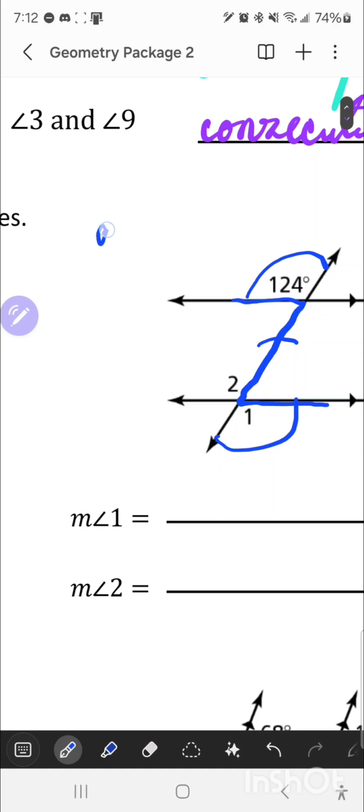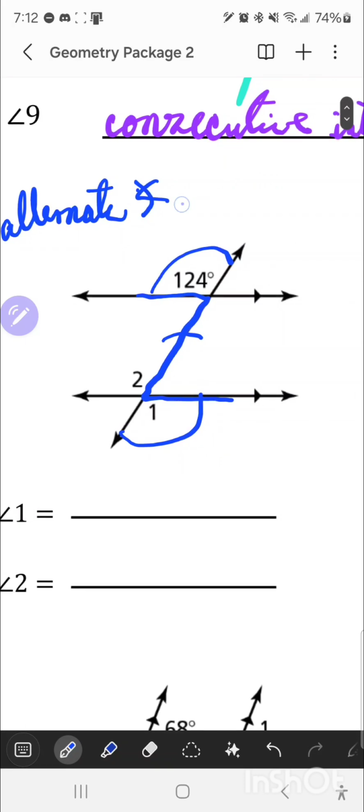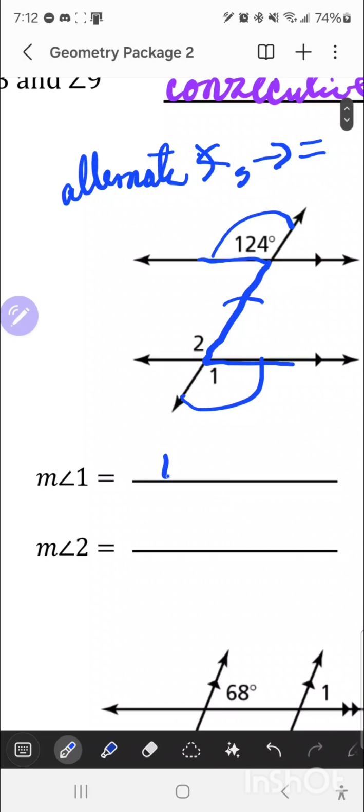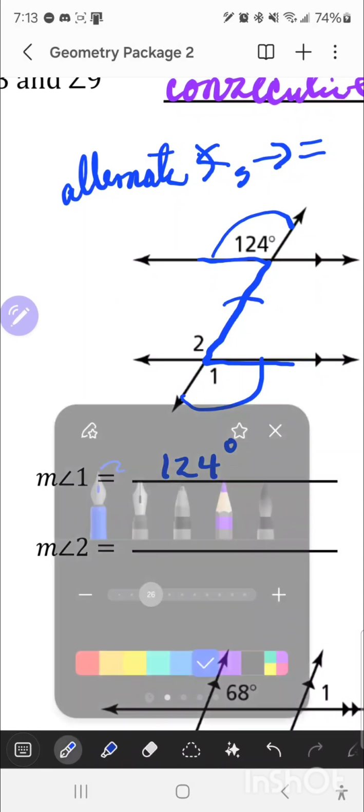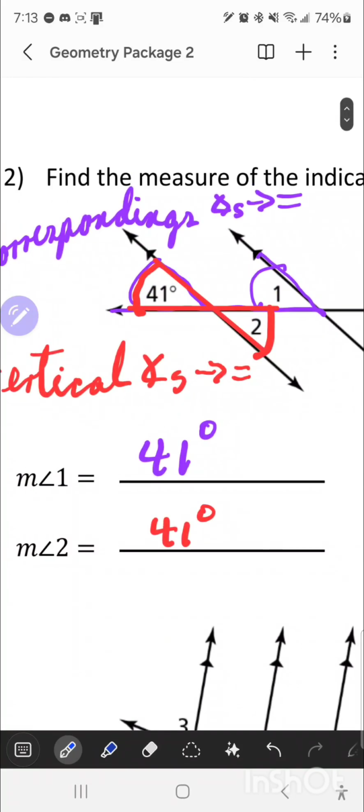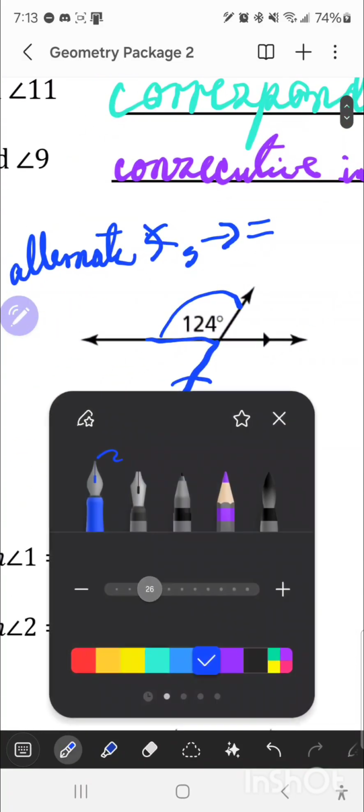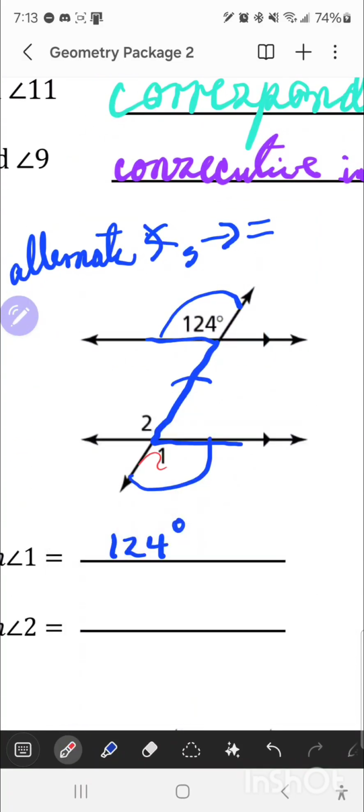So we just say alternate angles. And as I explained before, alternate angles are equal. So the measure of angle 1 will be also 124 degrees. Now, let me see one thing. Okay, great. Now, I see that right here, this is an X.